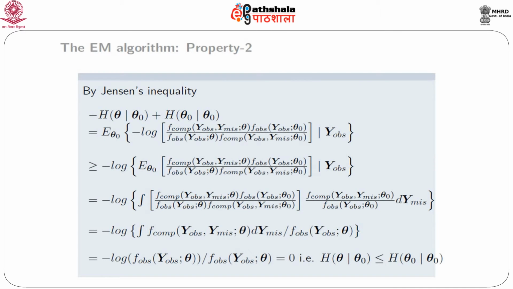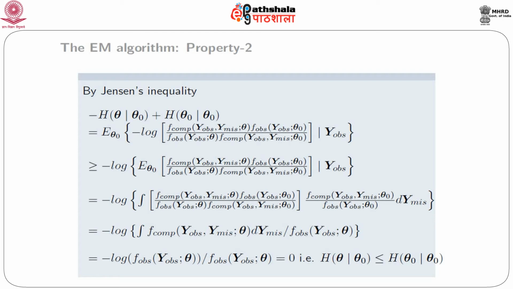Now, since log is a concave function, we can use Jensen's inequality, and using Jensen's inequality we can prove that minus H of theta given theta naught plus H of theta naught given theta naught is greater than or equal to minus log of the likelihood of the complete observations by the likelihood of the complete observations, which is equal to 0.